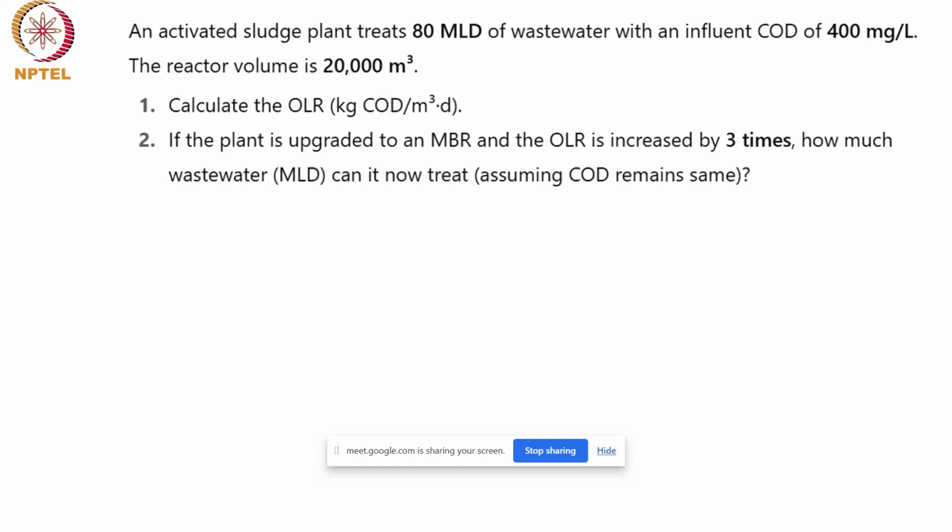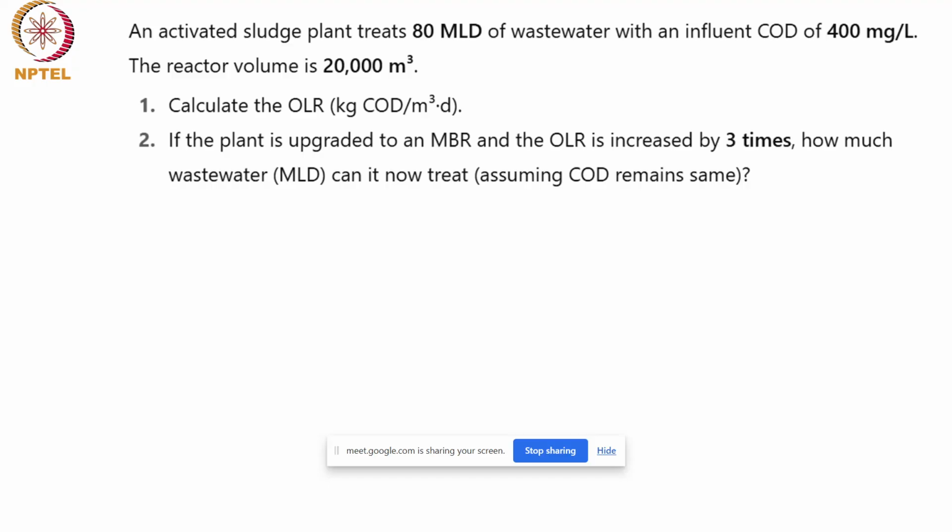Okay, so for the first problem, we can write the given: Q equal to 80 MLD, then influent COD equal to 400 mg per liter, then volume of the reactor is 20,000 meter cube.